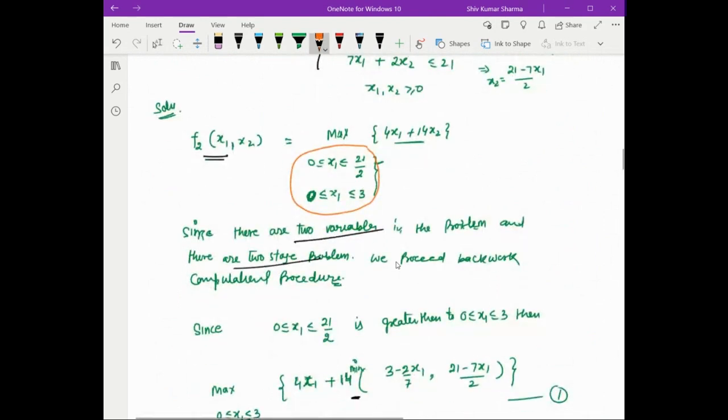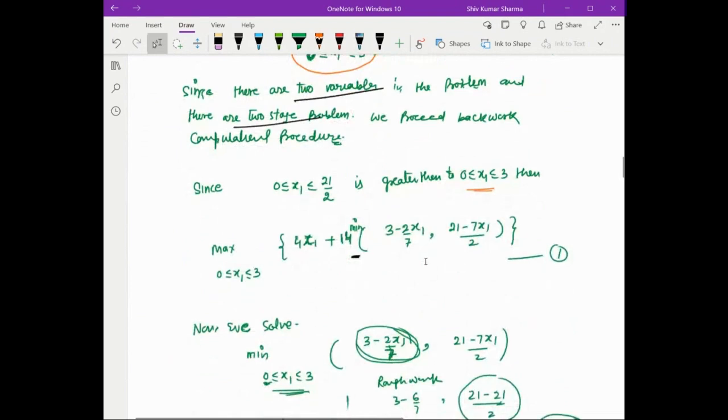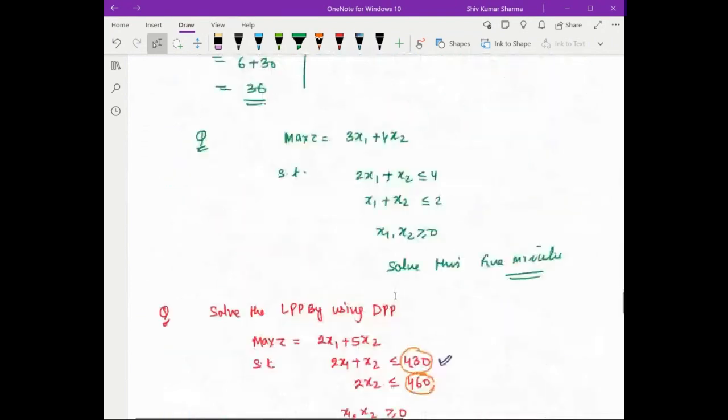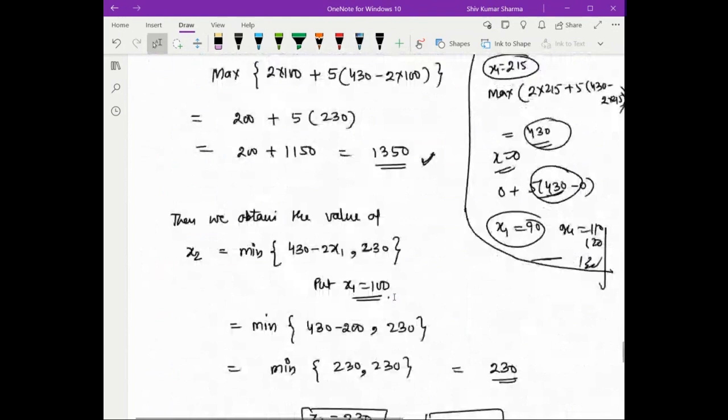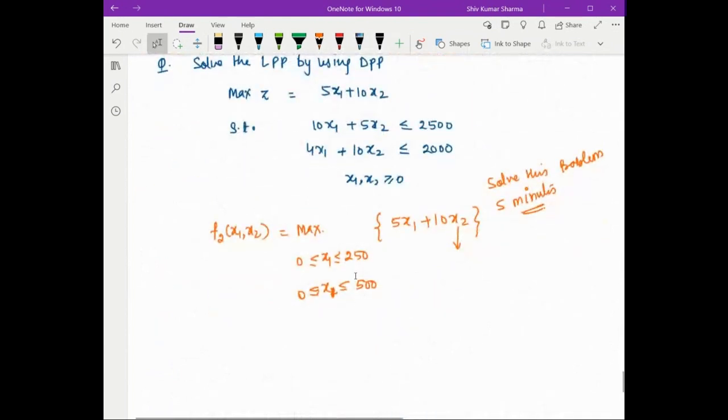So this value is greater than this value, that means it gives the greater value. So we use the lesser value of x1. Similarly, x1 in the first case lies between 0 to 250, and x1 in the second case lies between 0 to 500.